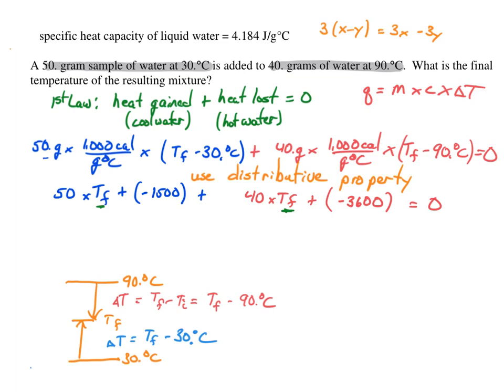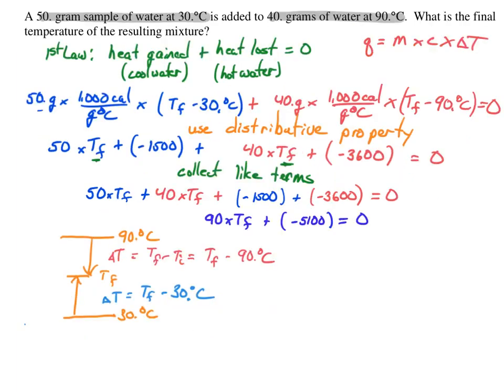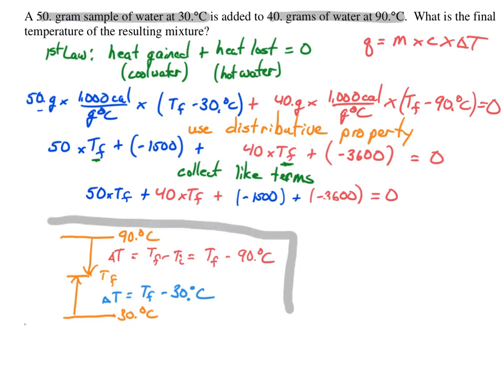First, we want to collect like terms. We have 50 times TF plus 40 times TF, and we have these two constant terms to add together. Continuing, 50 plus 40 is going to give us a value of 90 times TF, and the 1500 plus 3600 is 5100, and that's going to sum to 0.